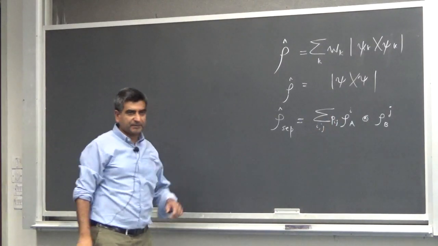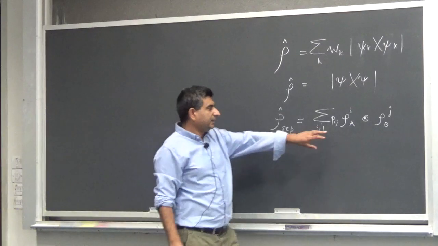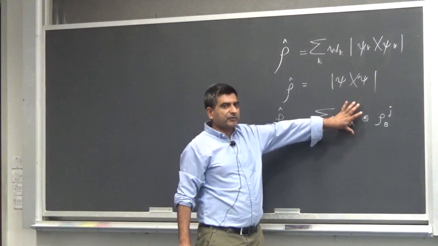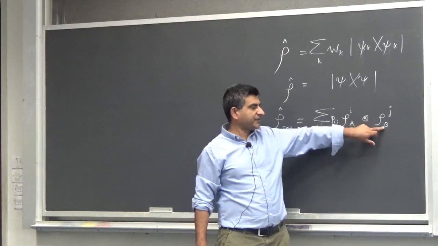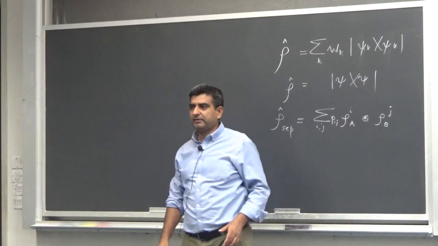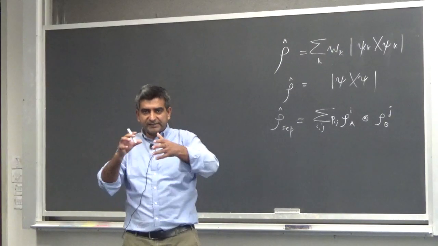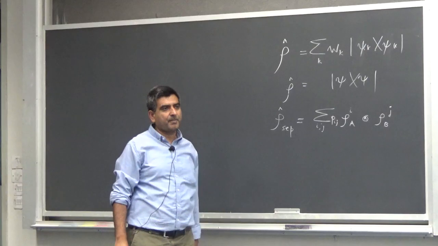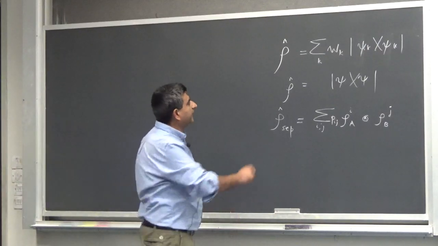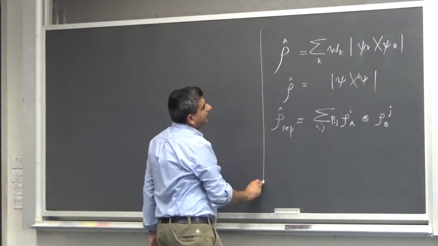This is an example of a separable state in which we can write a density operator for the first part of the composite system and a density operator for the second part of the bipartite system and form a tensor product of the two. So this is an example of a separable state. So all of this we already know.